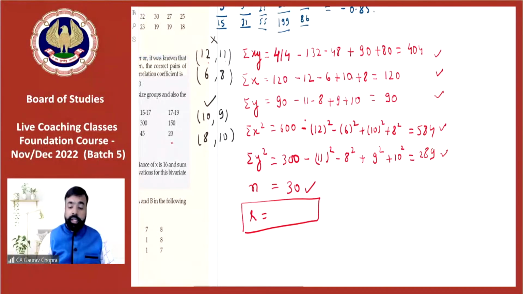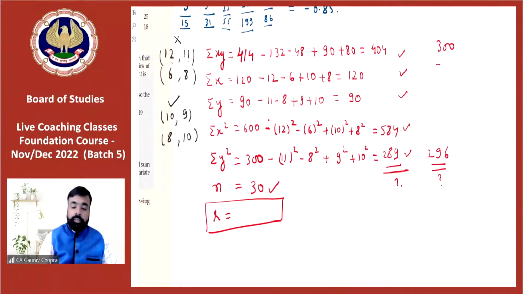So there are two contradictions. One is giving 289, the other has given 296. Which one is correct? 289 or 296? Because you have to solve 300 minus 121 minus 64 plus 81 and plus 100.